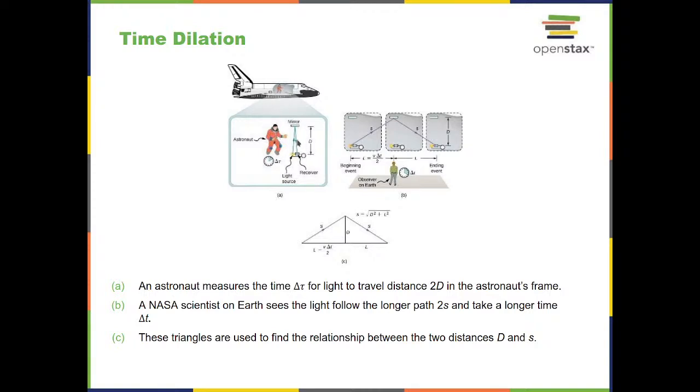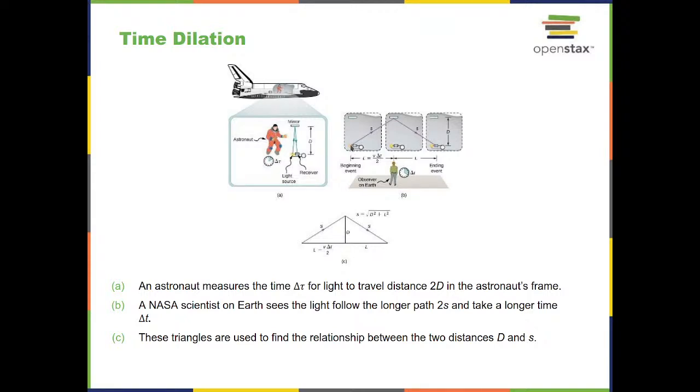So for the astronaut who's moving along with the setup, the emission of the light and the detection of the light happen at the same place, essentially. Now there's an observer here on Earth who's watching all of this happen when the spaceship is moving at a velocity v. So what happens now is the light is emitted here. It bounces off the mirror when the mirror is here, and then it bounces back and goes to the detector when the detector is here.